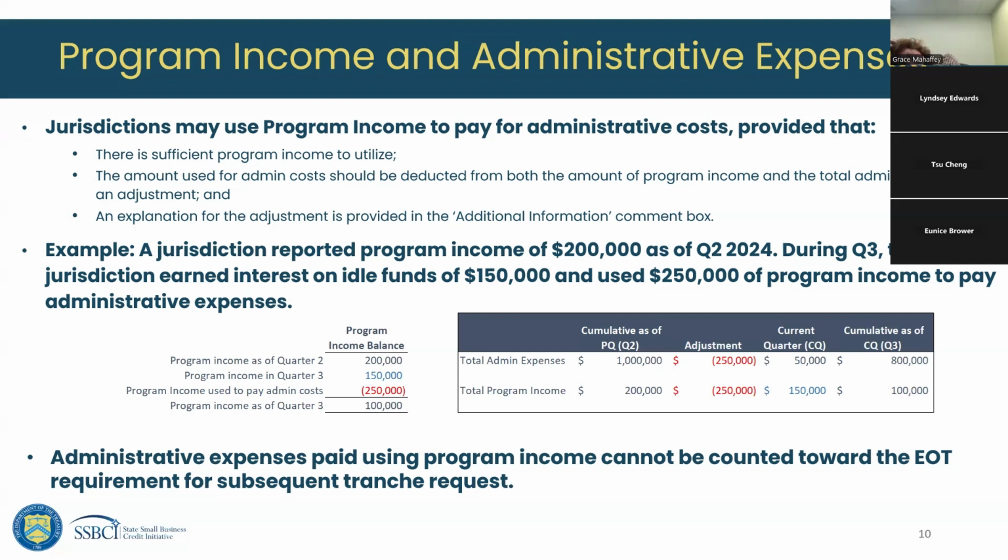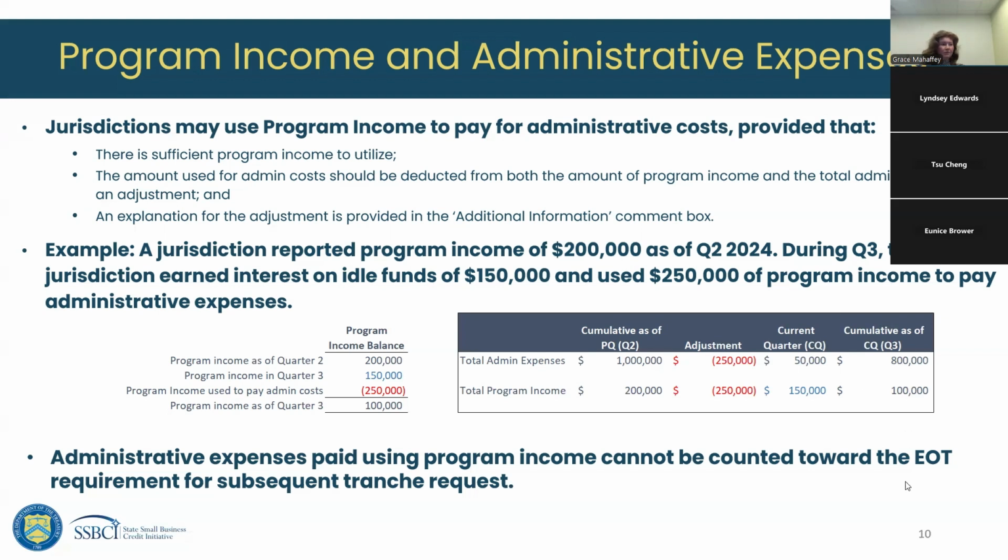The $250,000 of cumulative program income that is used to pay administrative expenses will be reported as a negative amount under both program income and admin expenses lines via an adjustment on the quarterly report. I've shown this on the slide in red. Lastly, please provide an explanation in the comments section of the quarterly report for the adjustment.